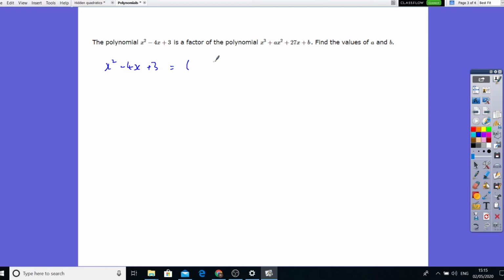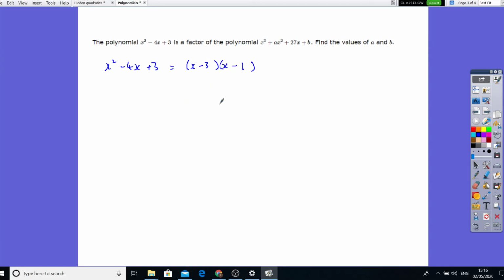If we factorize this first of all, we've got x in each corner here, and then we can put a minus 3 here and minus 1 here. So I'm just double checking. x squared, yeah, and then you've got the minus 1x, minus 3x is minus 4x, and minus 1 times minus 3 is plus 3.